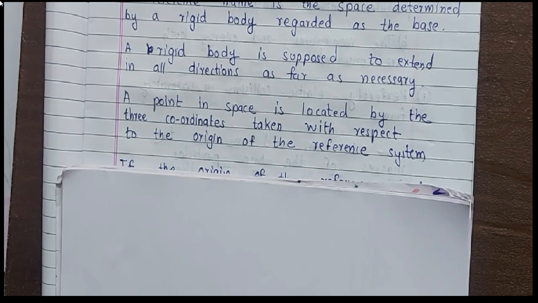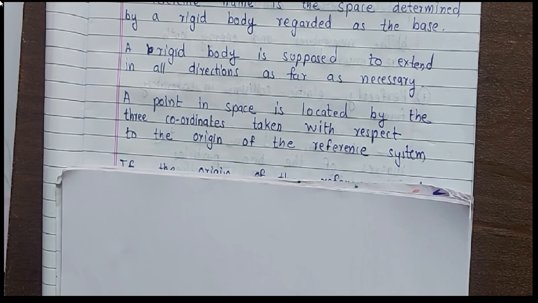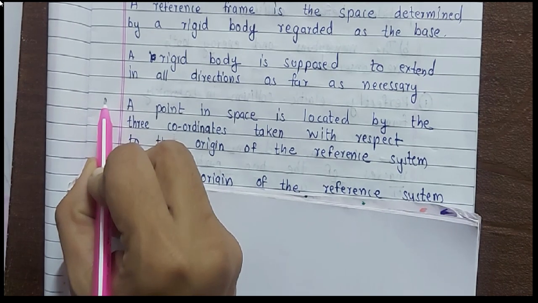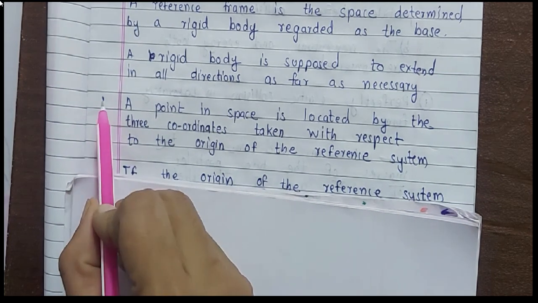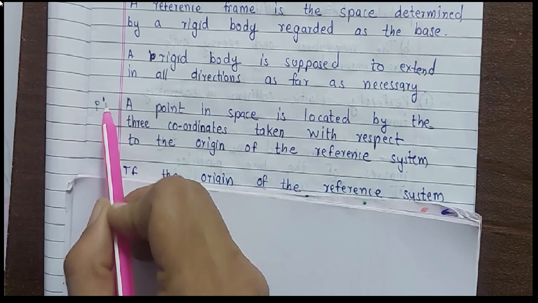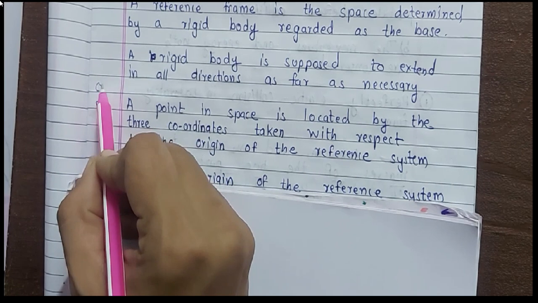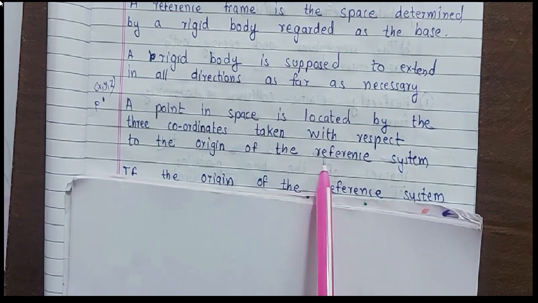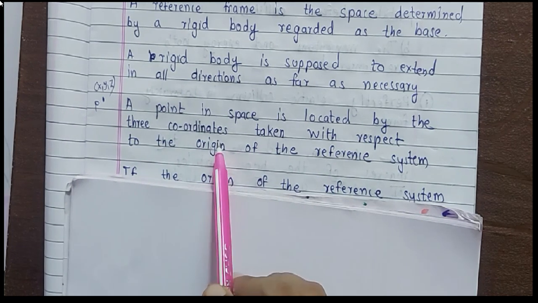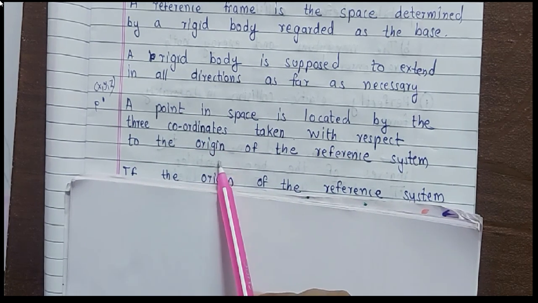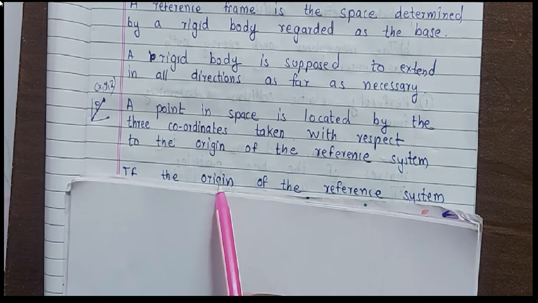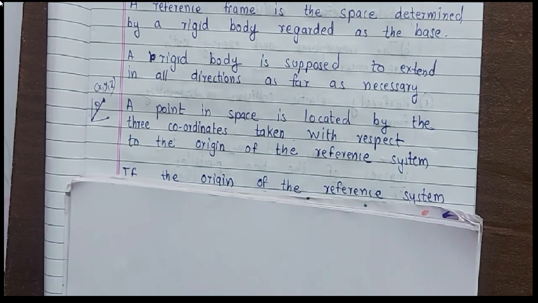Now, a point in space is located by three coordinates. As we all know, if we are considering three-dimensional space and this is a certain point P, then its position is determined by X, Y and Z, taken with respect to the origin of the reference system.